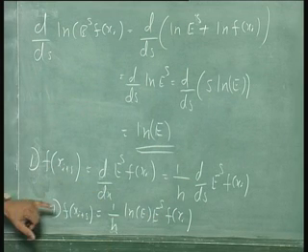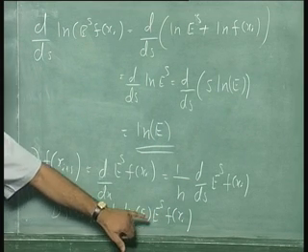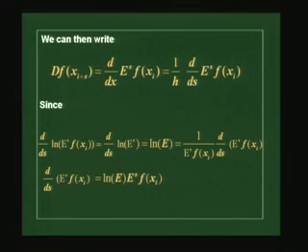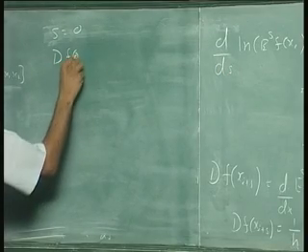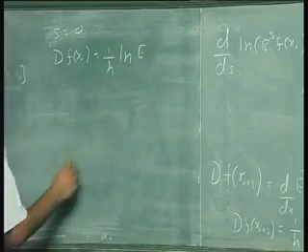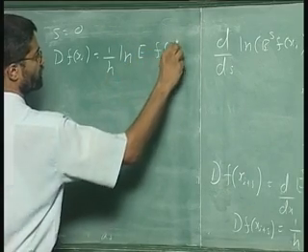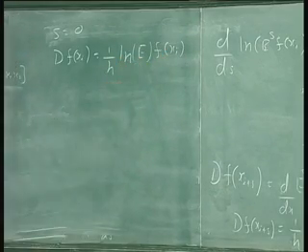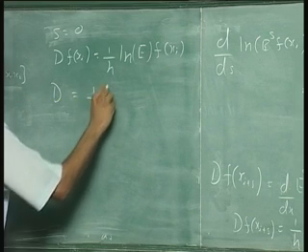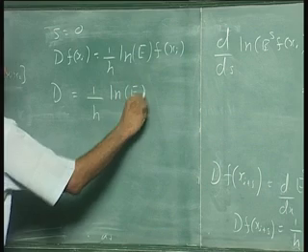So D f of x_i is 1 over h log e into f of x_i. From this expression, for s equal to 0, I can write D f of x_i as 1 over h log e into f of x_i, or the D operator we write as 1 over h times log of e.